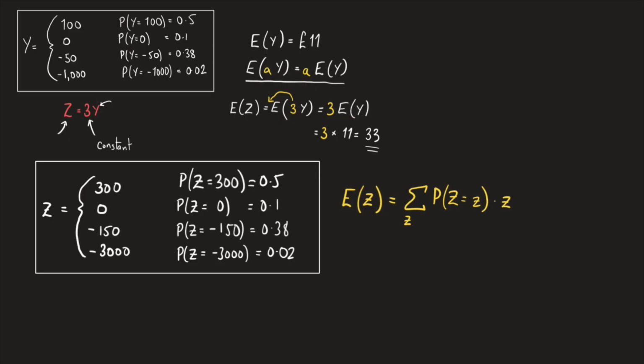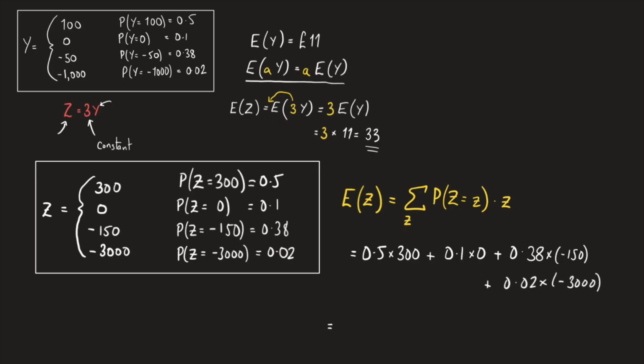So, substituting in our numbers, we're going to look at the probability that z is equal to 300 times 300, plus the probability that z is equal to 0 times 0, plus the probability that z is equal to minus 150 times minus 150, plus the probability that z is equal to minus 3000 times minus 3000, which gives us 0.5, that's the probability that z is equal to 300, times 300, plus 0.1, that's the probability that z is equal to 0, times 0, plus 0.38, that's the probability that z is equal to minus 150, times minus 150, plus 0.02 times minus 3000.